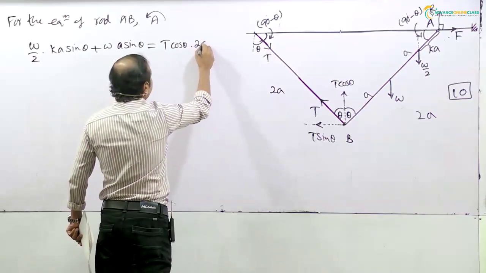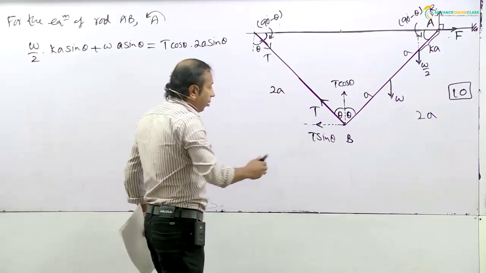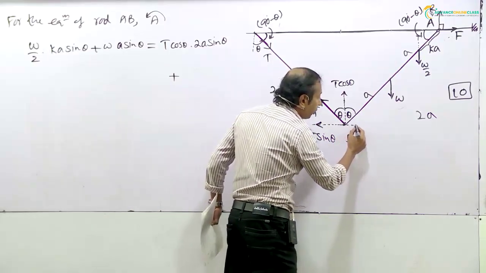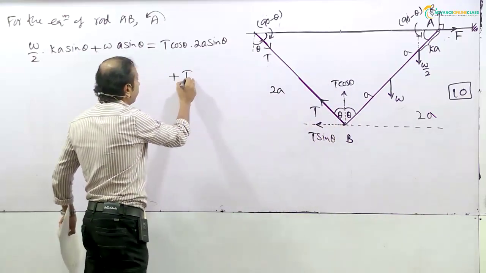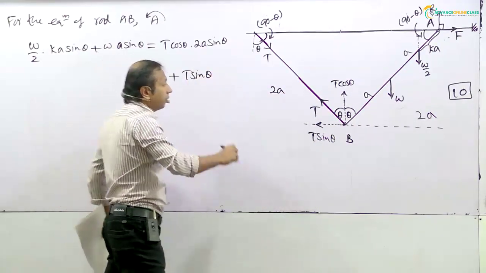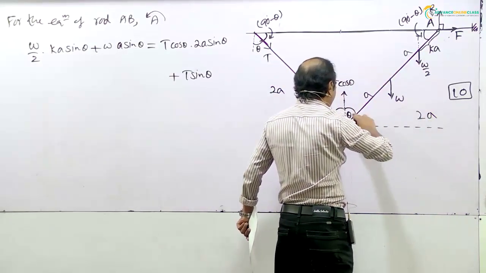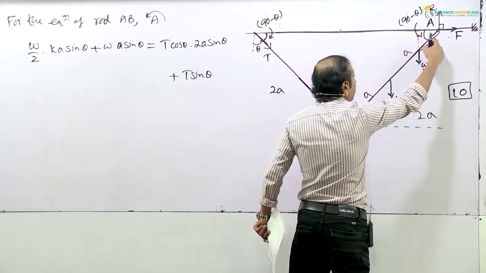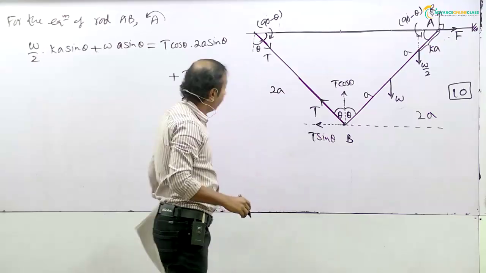Plus the T sin theta component times this height, which we need as 2a cos theta.